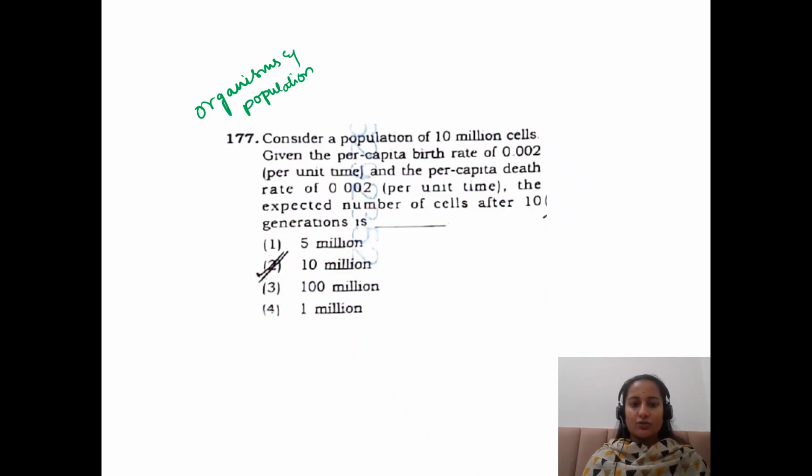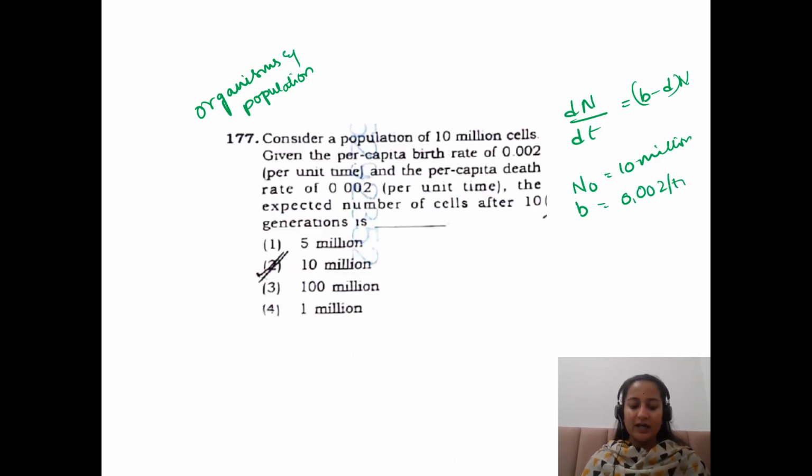Here we need to apply the formula dN/dt is equal to (b minus d) into N. Here N is 10 million, b for birth rate is 0.002 per unit time, and the death rate is also the same, 0.002 per unit time, whereas r here is the net growth, that is 0.